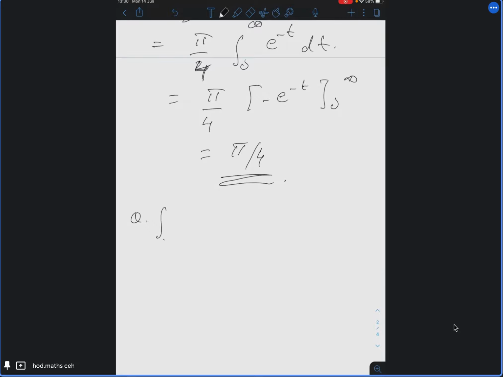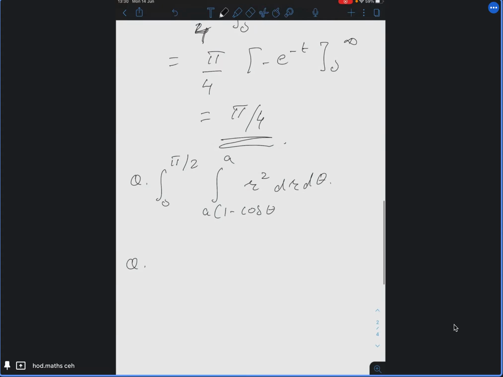Okay, note down a few questions here. Integral 0 to pi by 2, integral 0 to a into (1 minus cos theta), r square dr d theta. Integral 0 to pi, integral 0 to a into (1 plus cos theta), r square cos theta dr d theta.